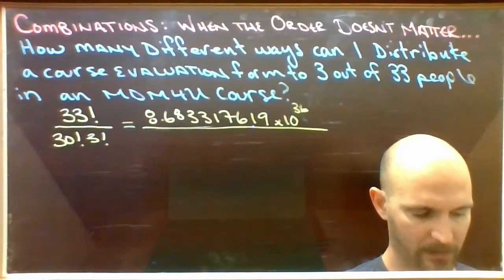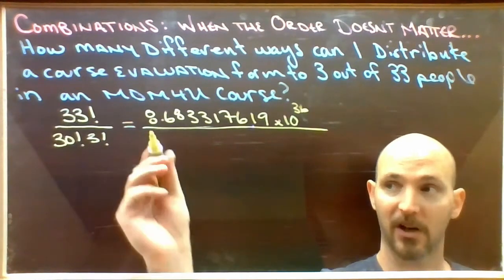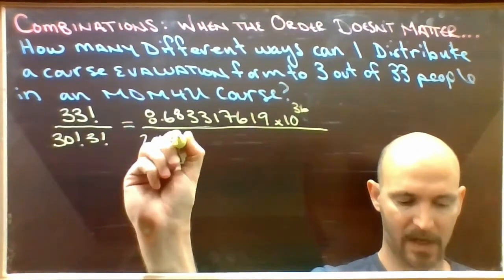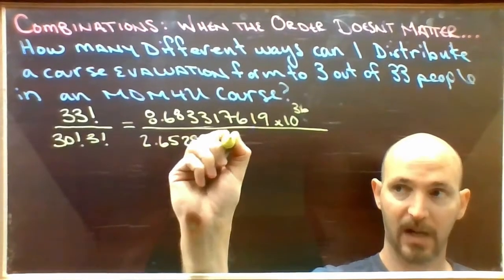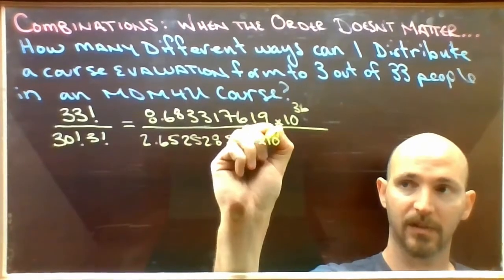30 factorial is also an obnoxiously large number, 2.652528598 times 10 to the 32.